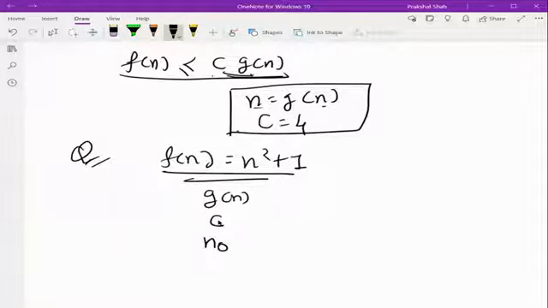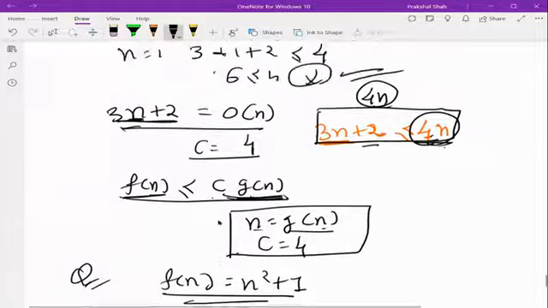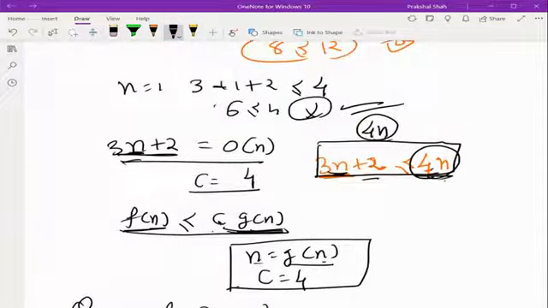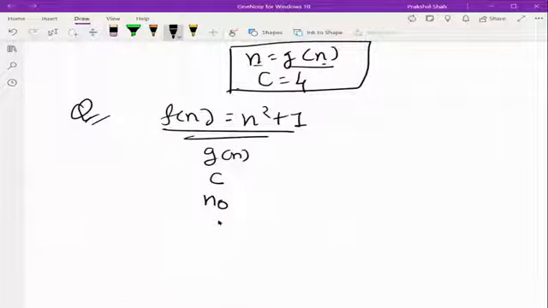Always remember that g of n will follow the same degree as f of n. Right now my f of n was 3n plus 2, of degree n, so g of n was also of degree n, 4n. For this scenario, my f of n is of degree n square, so g of n will also look like n square.